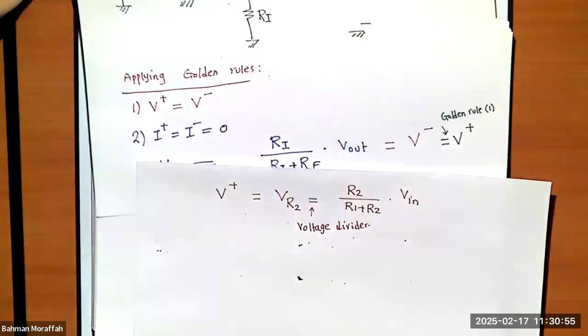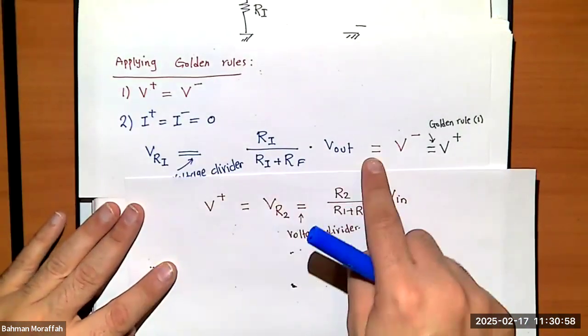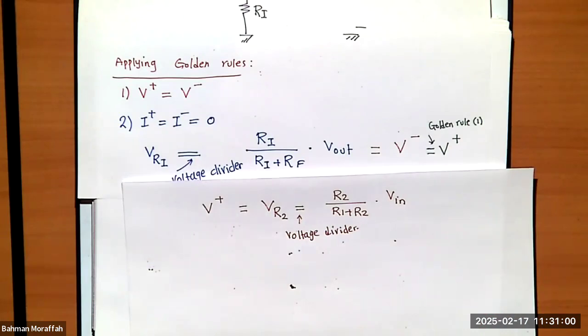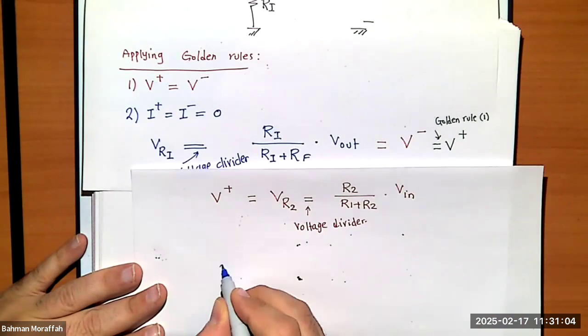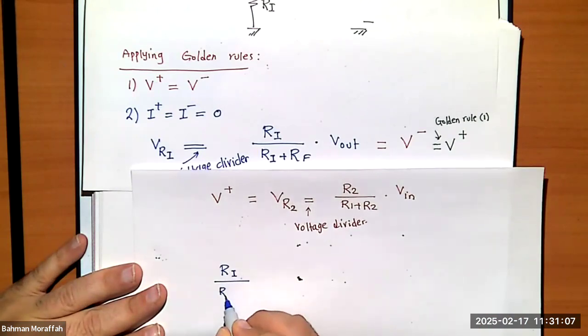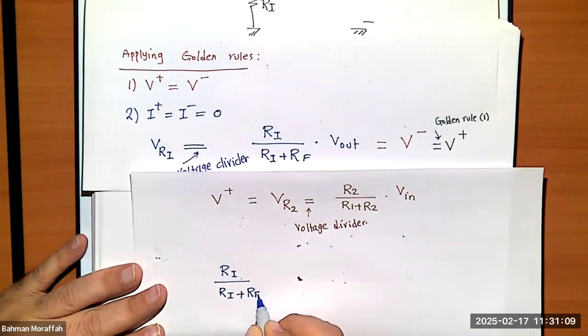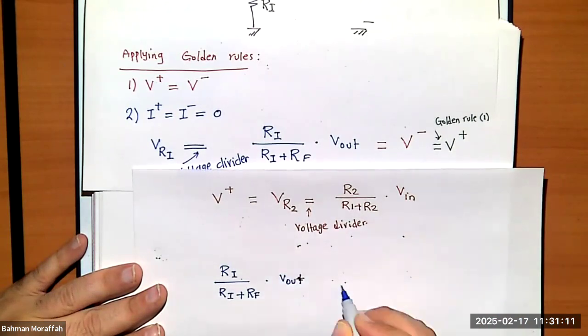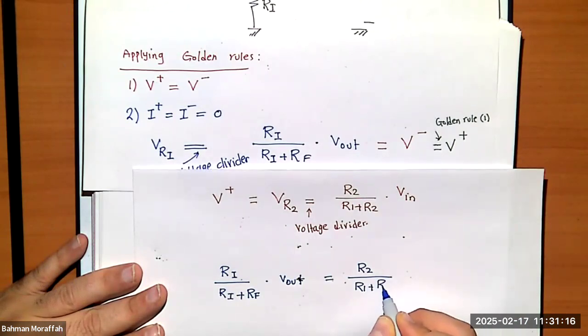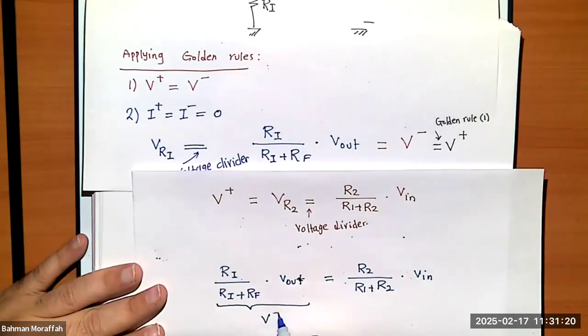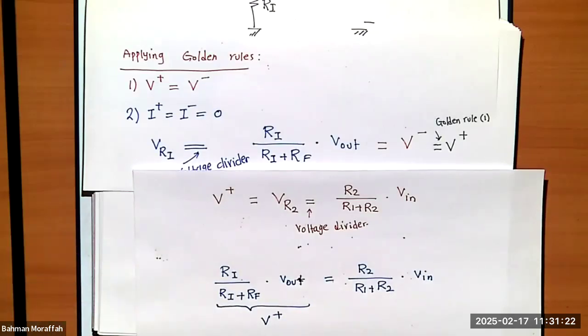But we already computed V plus. We know V plus is this. So I'm going to just plug it in here. V plus is Ri divided by Ri plus Rf times V out. And that should be the same as R2 divided by R1 plus R2 times Vn. Remember, this is V plus. Now I know the relationship between V out and Vn.